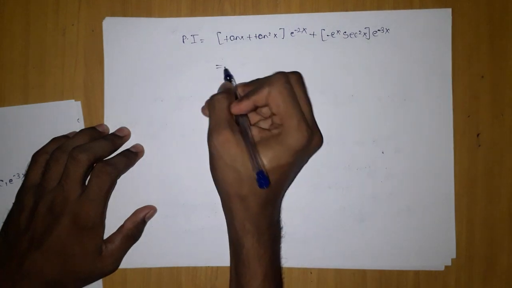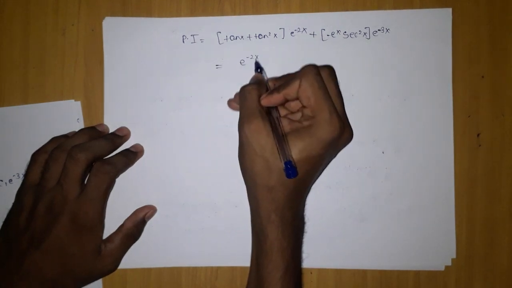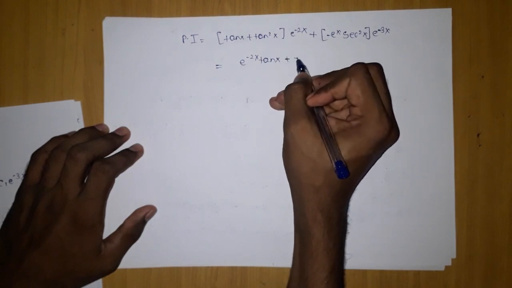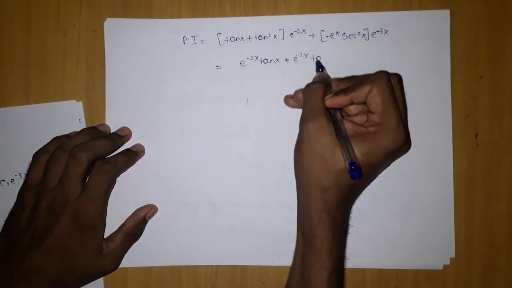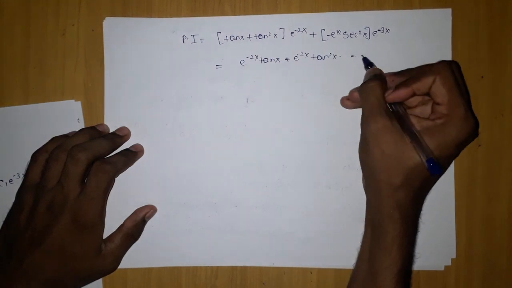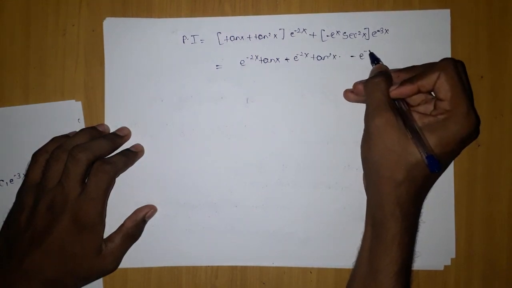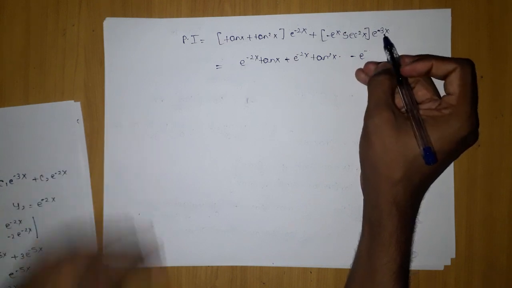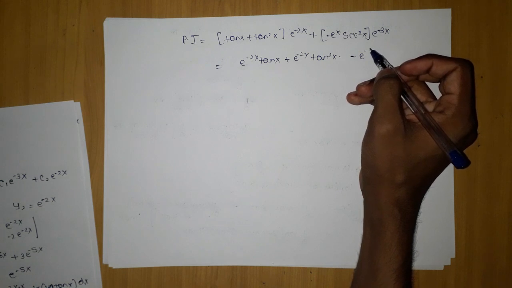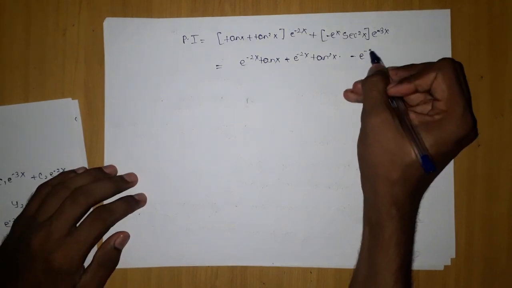Agree? We are left with e to the power minus 2x tan x, and here plus e to the power minus 2x tan square x. Agree? And here minus e to the power minus 3x, and here it is e to the power x. So we are going to get e to the power minus 2x.